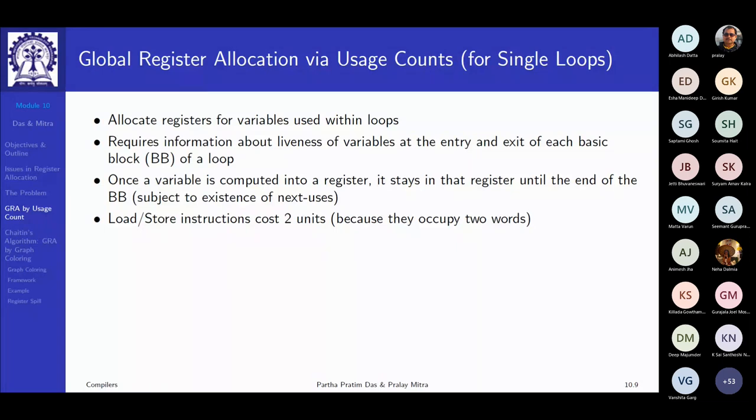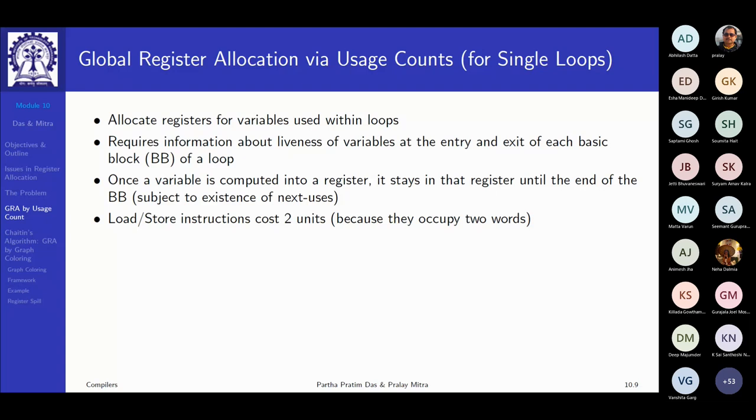So you require the information about liveness of variables at the entry and exit of each basic block of the loop. So you cut out the loop and also provide the information of liveness, which we have already discussed how to set up a data flow analysis framework to compute. So you have executed that, and you know the live variables at the entry and exit of each basic block.